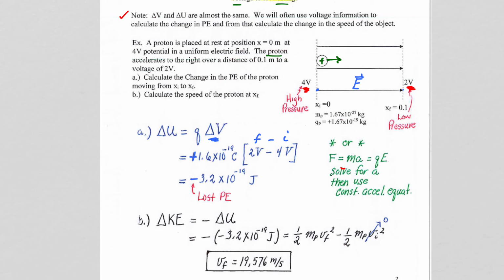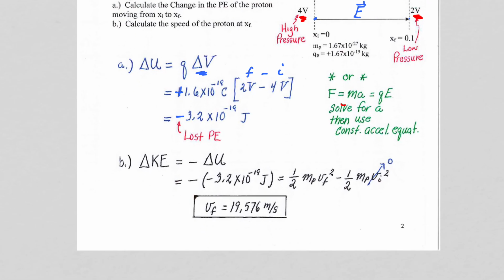Conservation of energy applies in physics, whether it's mechanics or electricity and magnetism. So we can very quickly get that the change in kinetic energy is negative the change in potential energy. We have our negative from our potential energy, and the additional negative, so the change in kinetic energy is positive.